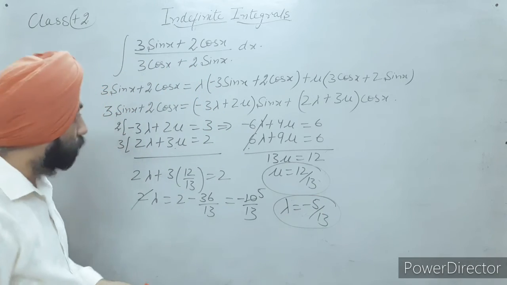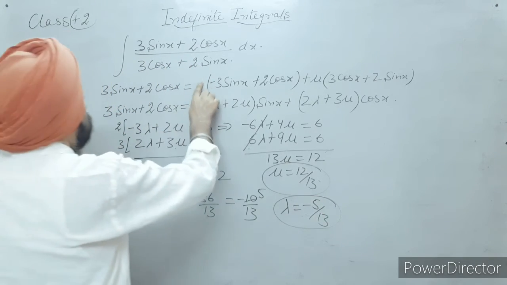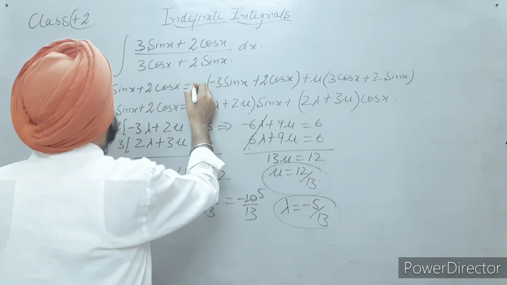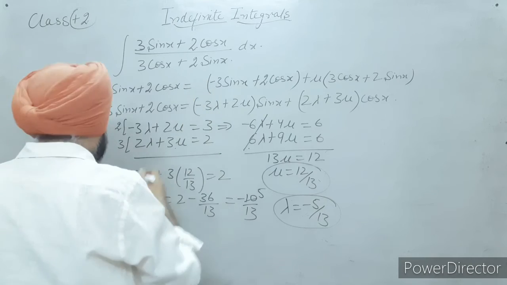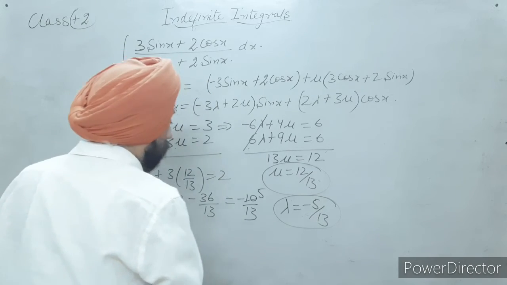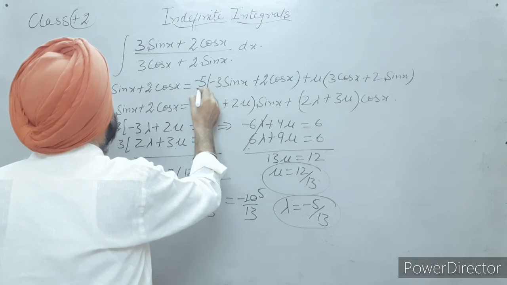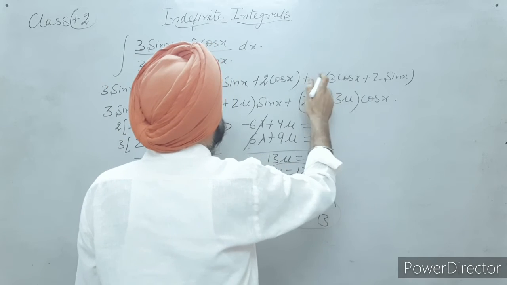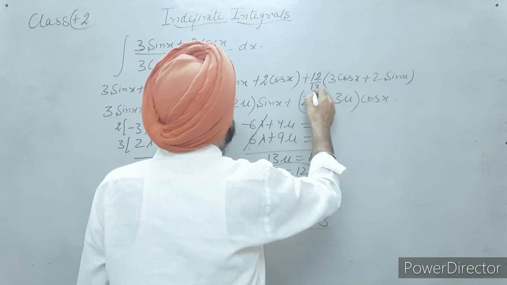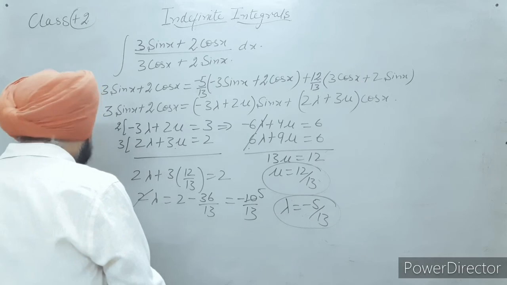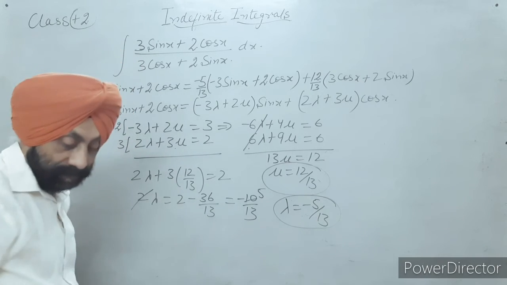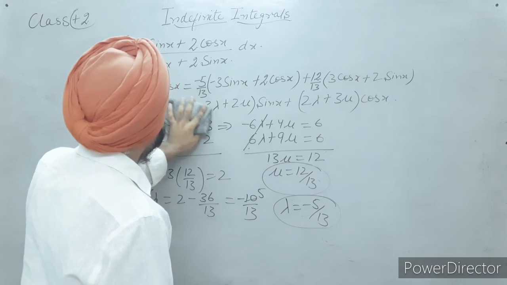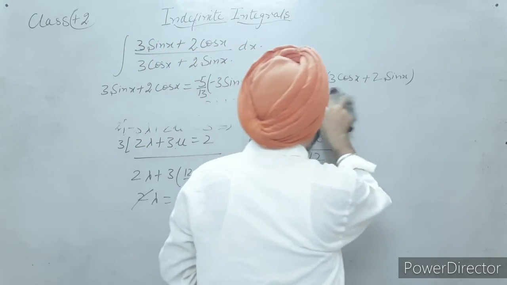Now we are going to replace the numerator with lambda times the derivative of the denominator plus mu times the denominator. Lambda is minus 5 upon 13, and mu is 12 by 13.